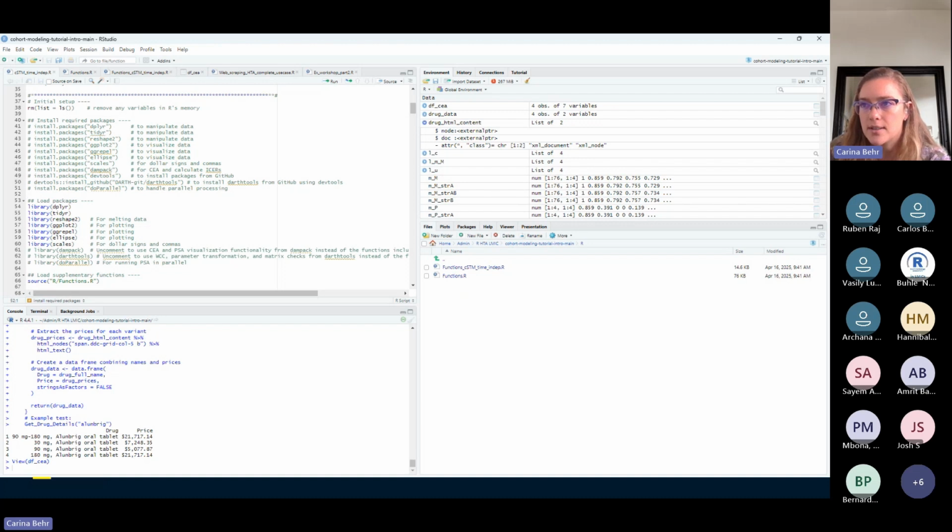Make sure you have the CSTM time independent .R file open. And I see Josh answered the question about parallel processing. Then there's an error from Saim about the DARTH tools package.